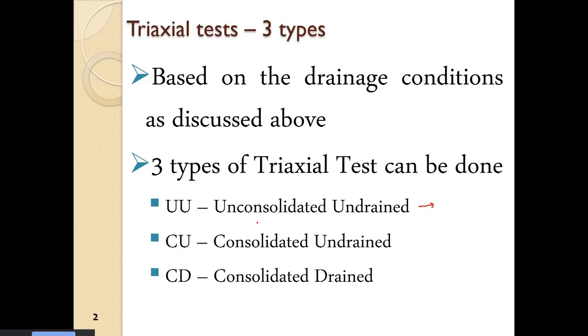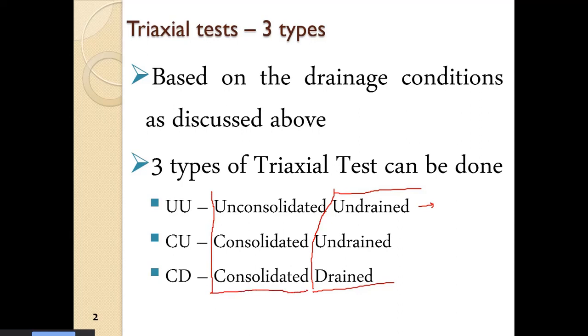Now, before going on to the shearing stage, to understand the development of pore water pressure and the response of the soil, how the soil behaves based on the effective stress state it has previously been subjected to, we need to understand how the pore pressure behaves.